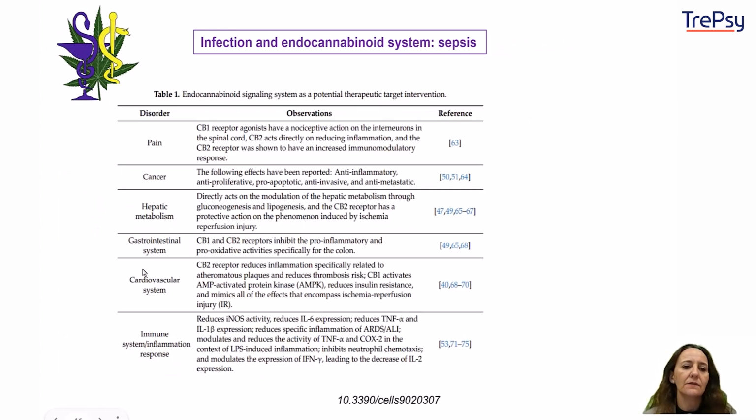In the cardiovascular system, CB2 reduces inflammation specifically related to atheromatous plaques and reduces thrombosis risk. And also in the immune system, as we have seen, the effect is absolutely anti-inflammatory.